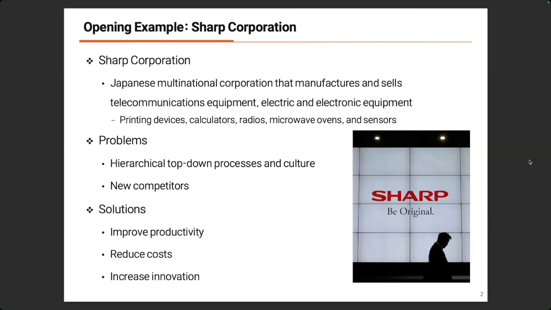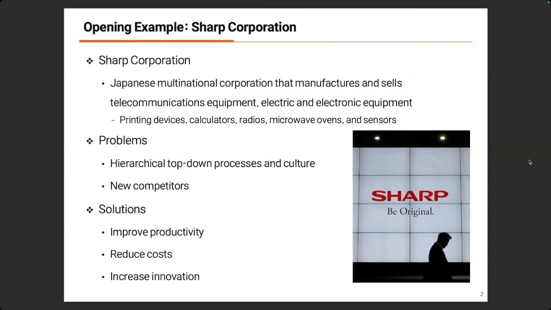Sharp is a global corporation. It has more than 50,000 employees in the world. However, this company had some problems with their business processes and their competition environment.